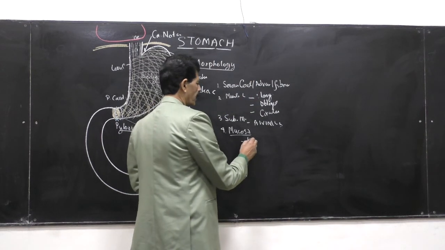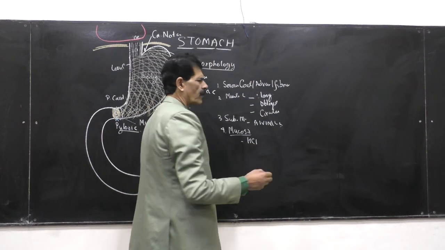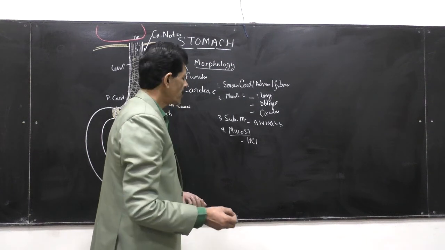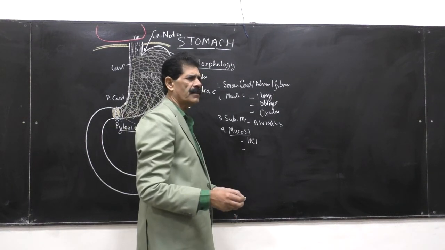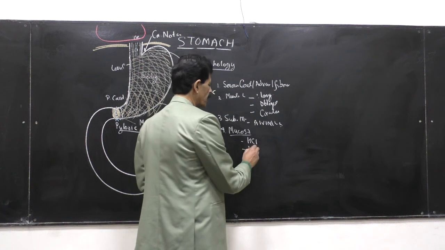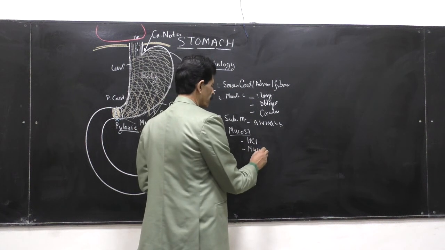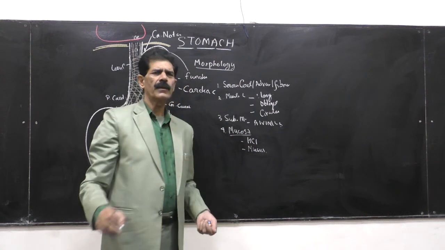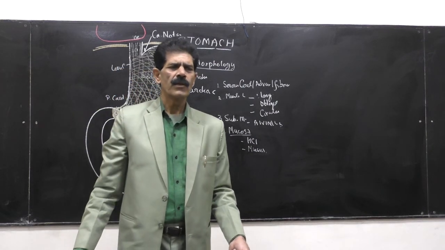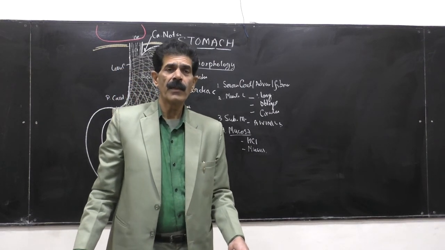Mainly, it has the HCl-producing cells for the acid, and in order to neutralize the ill effect of the HCl on the mucosa itself, the mucus glands are also incorporated in the mucosa. So a mucus layer is coated inside the mucosa so that the ill effect of the HCl is minimized.